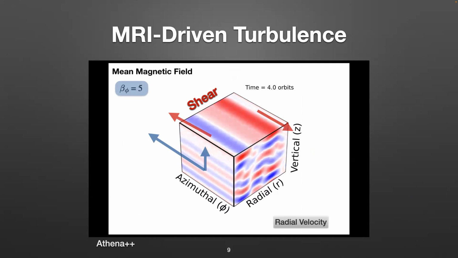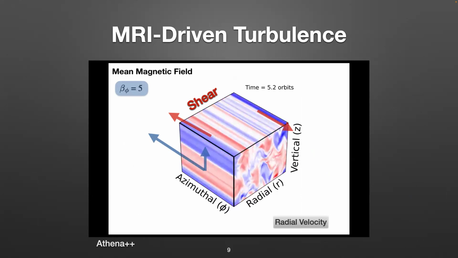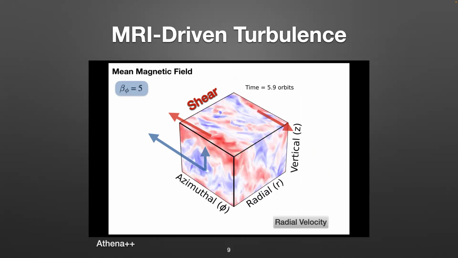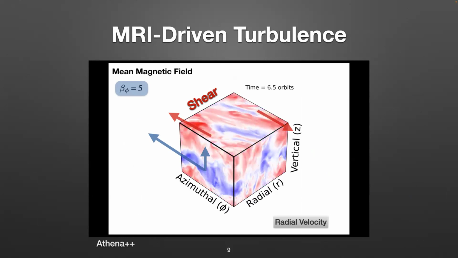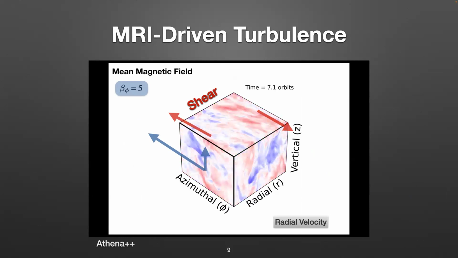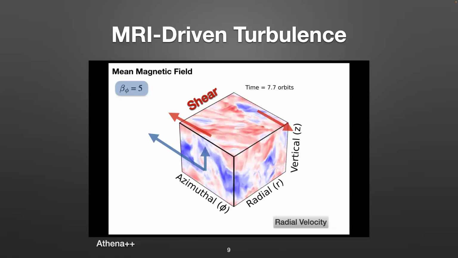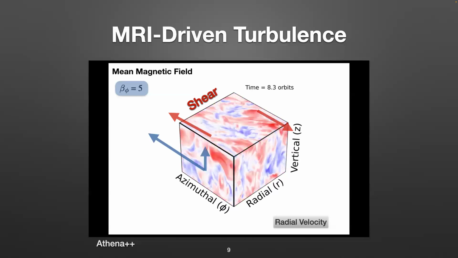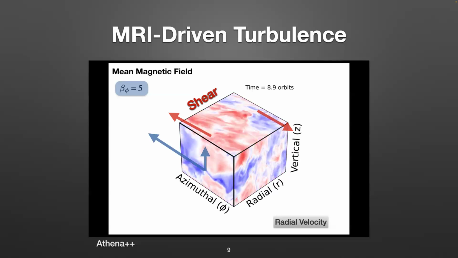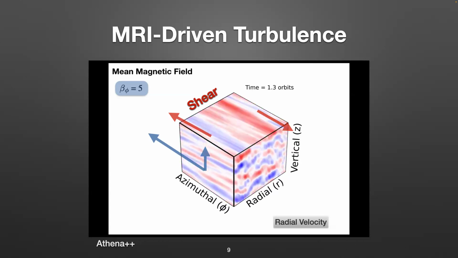The box aspect ratio is 4/4/1. There's no quality factor because it's an unstratified shearing box. So all you need to do is resolve the linear mode, and quality factor comes in when you do a global simulation. I do shearing box simulations and quality factor actually is pretty important because it tells you what you're resolving. Yeah, so we are resolving the linear mode.